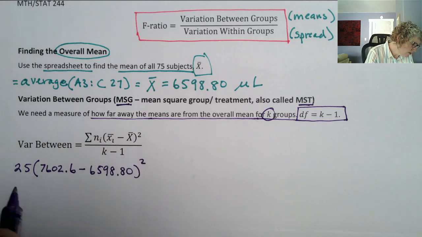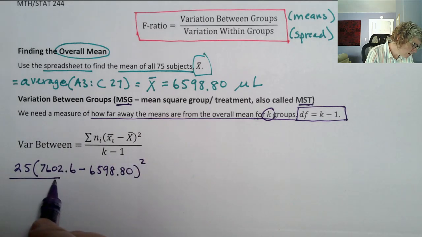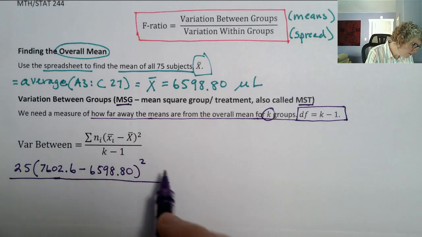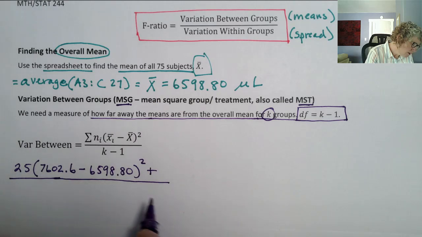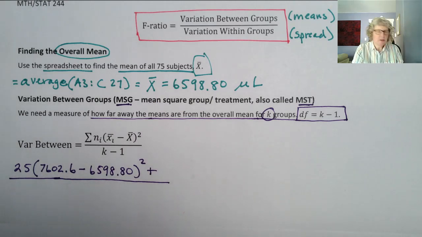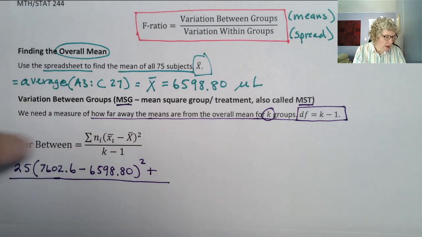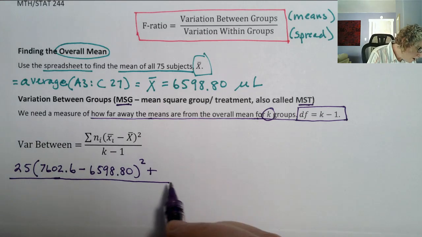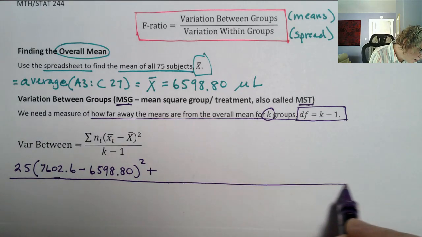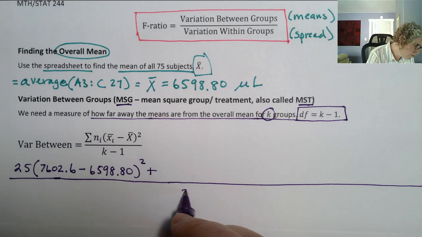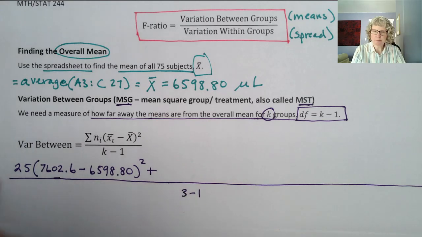And both of those are on top of that division bar, so I'm going to make a giant division bar because I'm going to add, right? And I'm going to add all, yeah, so this whole sum. Notice how the sum is not in front of the bar, it's on the top of the bar. So I'm going to add, and then overall I'm going to divide by K minus 1. So that'll be 3 minus 1. Okay, so groups minus 1.